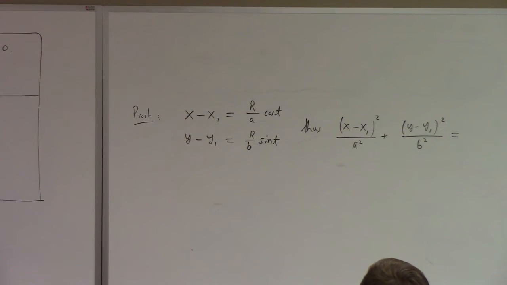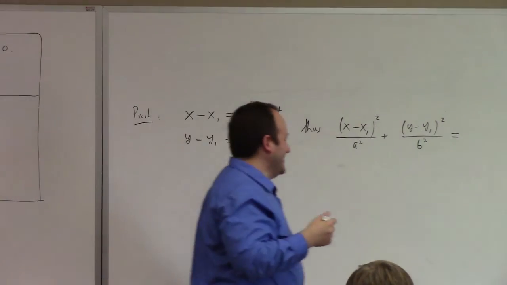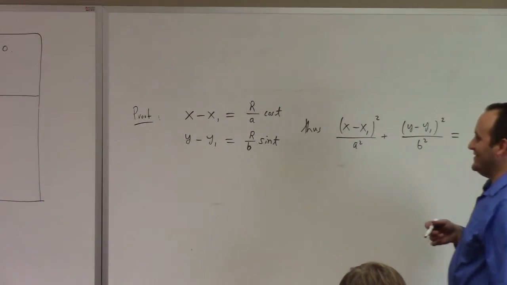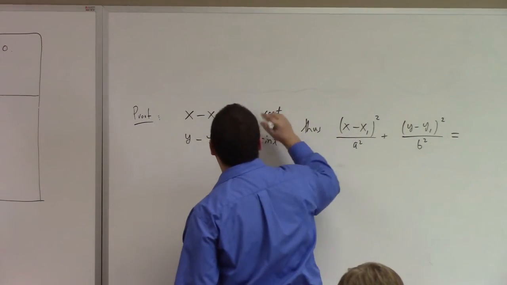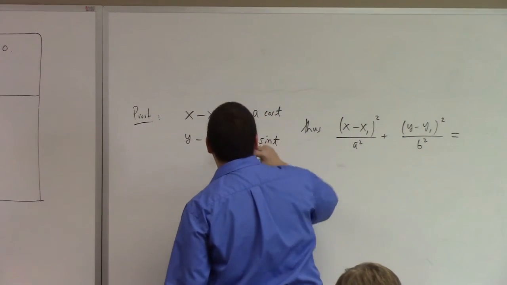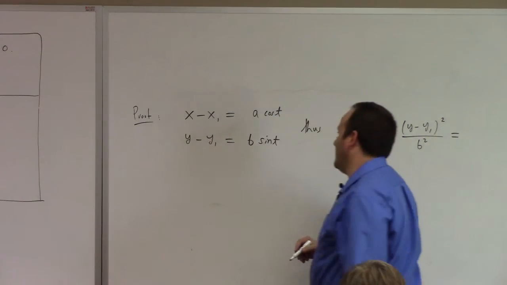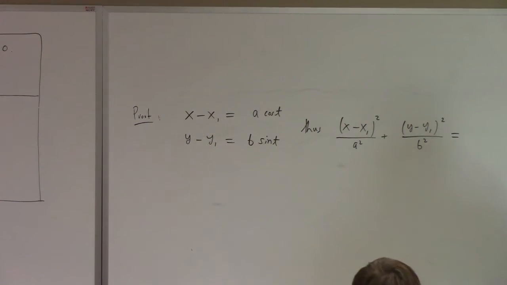I don't need it though, do I? Yeah, you're right. Oh yes, you're right. I was about to see why that doesn't work. Thank you. If you had just given me about 30 seconds more, I would have cursed my own work. So it should be a cosine t, b sine t. Thank you.